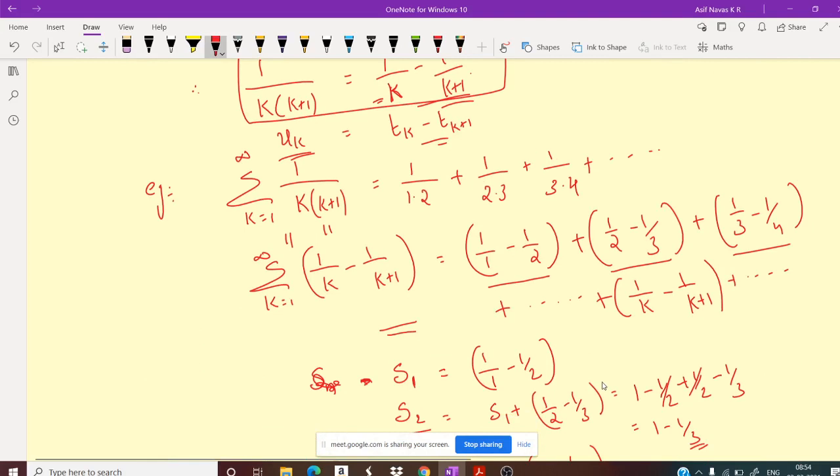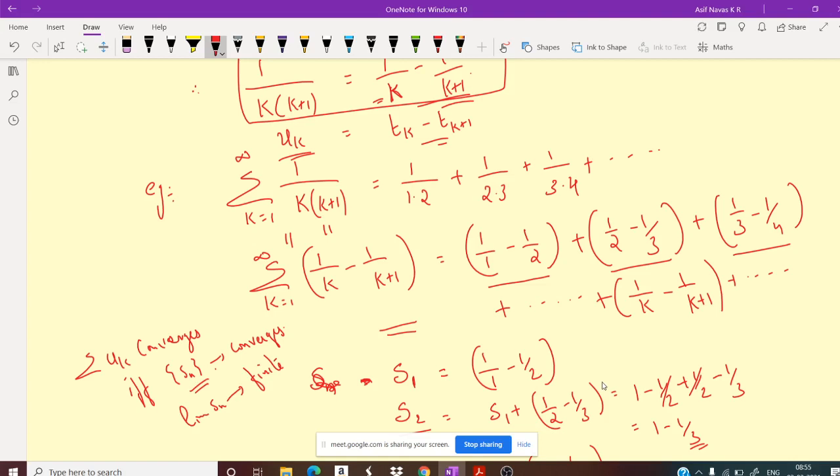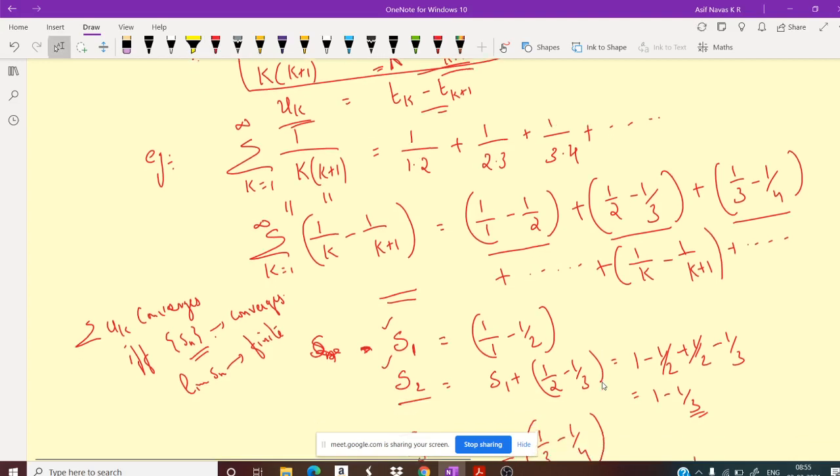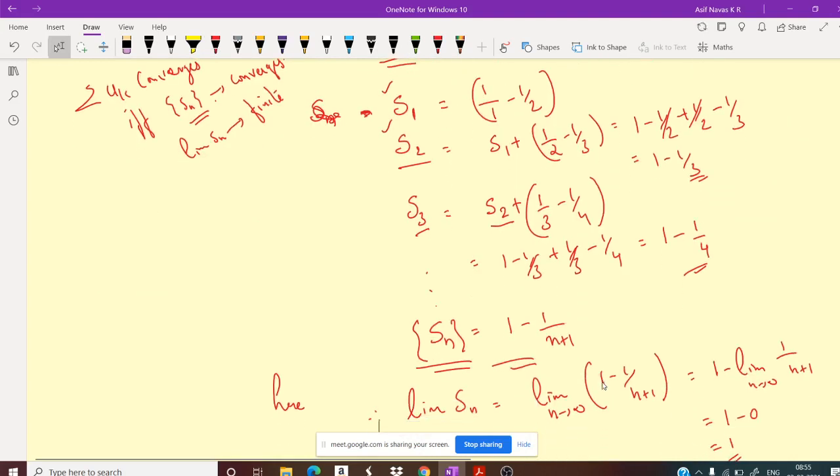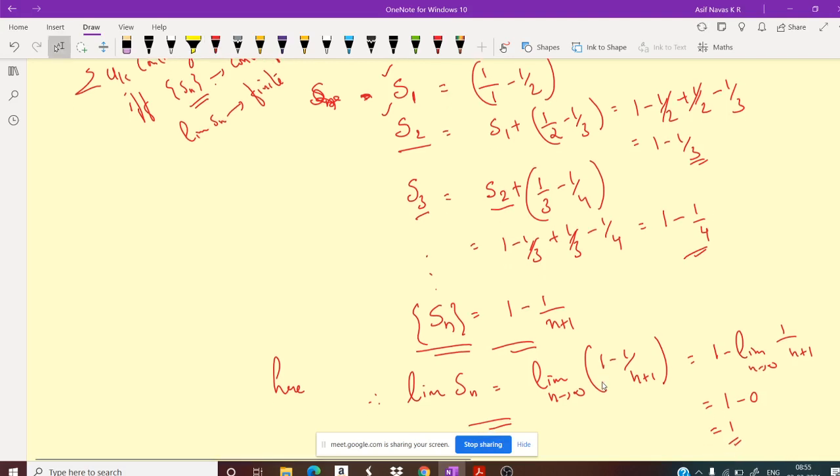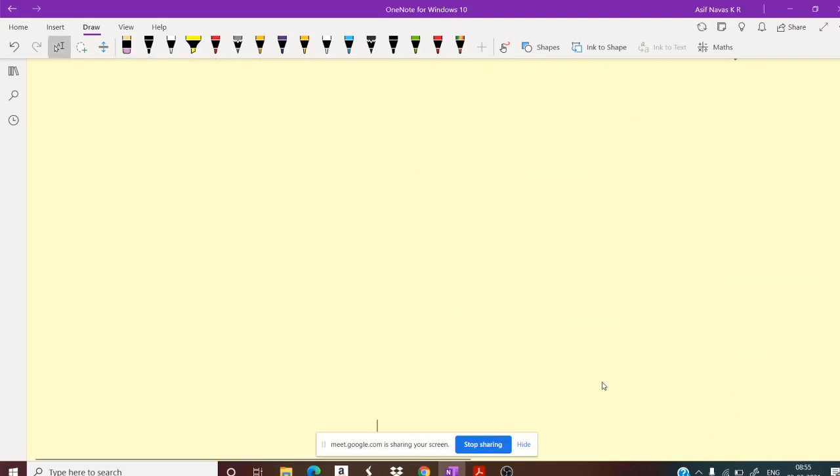We know that a series sigma uk converges, or has a finite sum, if and only if its sequence of partial sums Sn converges. A sequence converges if its limit is finite. Here our sequence of partial sums Sn is of the form 1 minus 1 by n plus 1, and its limit is equal to 1. So now I will give you a problem.